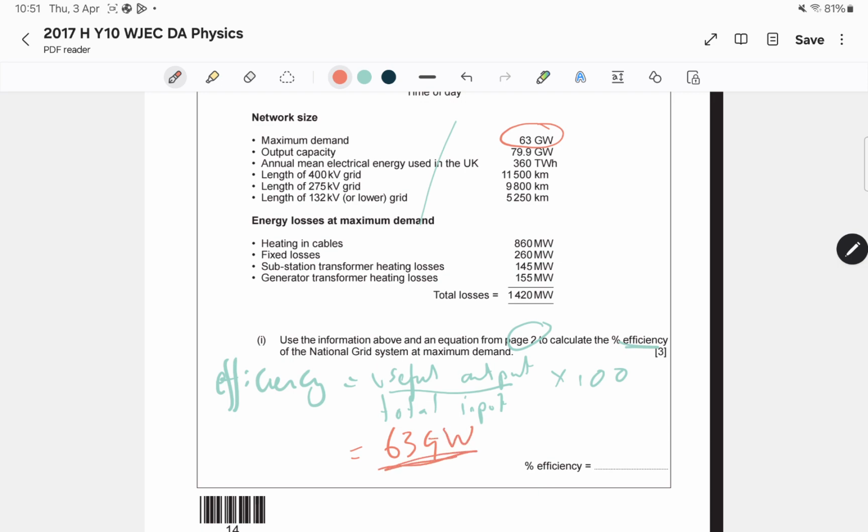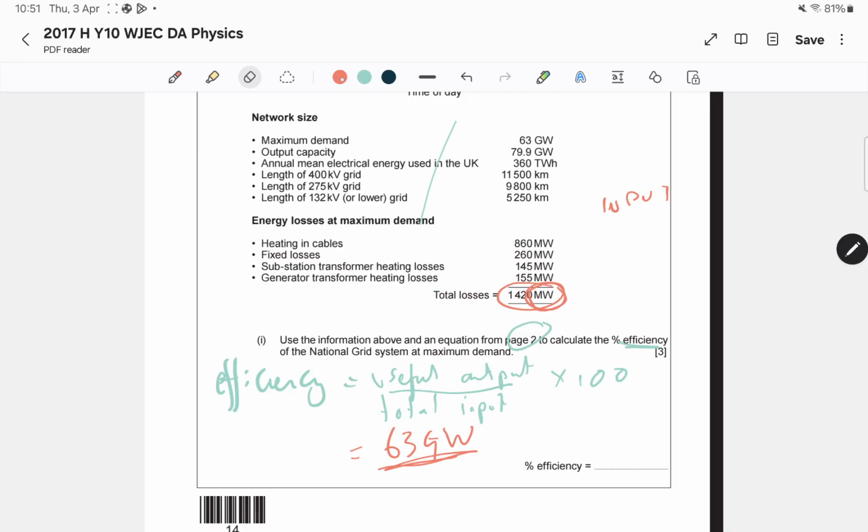But the input's tricky, because if the national grid is giving out 63 gigawatts, but it's wasted that much, so that input, how much went into it, is going to be a combination of these two, and then you've got the megawatts combined with the gigawatts, so that's got to be the same.